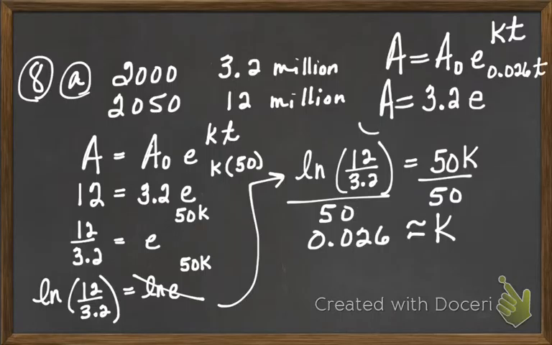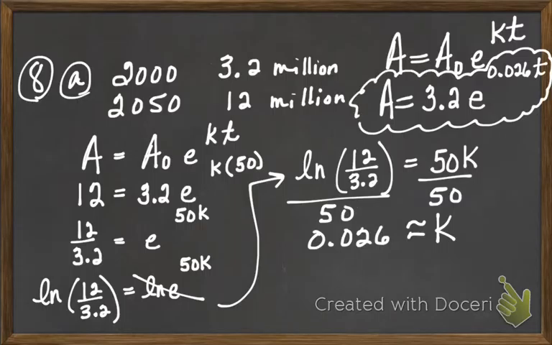So in the A part, this is what they're wanting you to find, the growth model for this particular word problem. They're going to give you everything to plug in except K. You go and find K, and then you plug in your A sub O, which is your original amount, and you plug in your K value, and you have your own little growth model equation for anything else that they want to ask you.